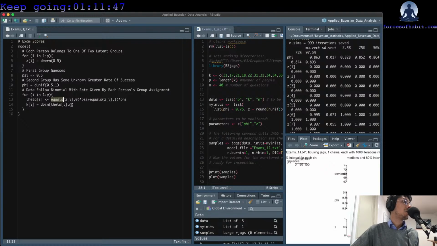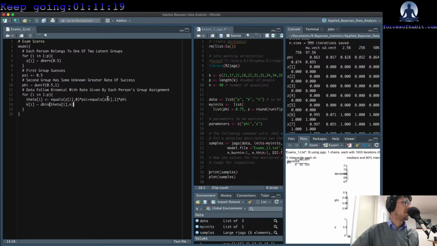we're using this equals function again, which is equivalent to saying, if Z sub i is 0, then use psi.